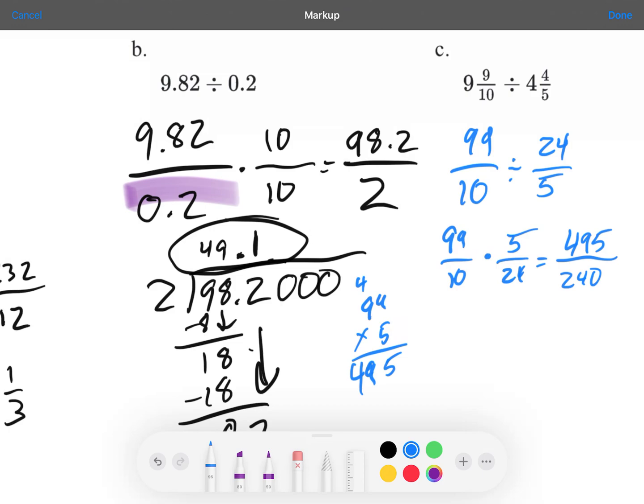Because they end in 5 and they end in 0. So in the very top one, when I divide 495 by 5, I get 99. And that 240 divided by 5 is 48.